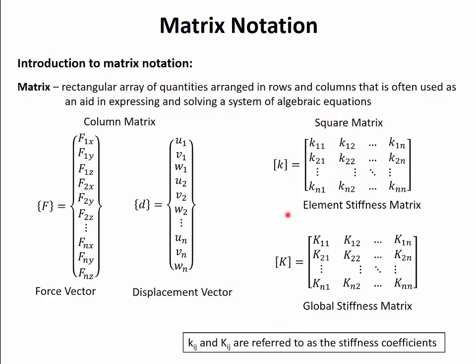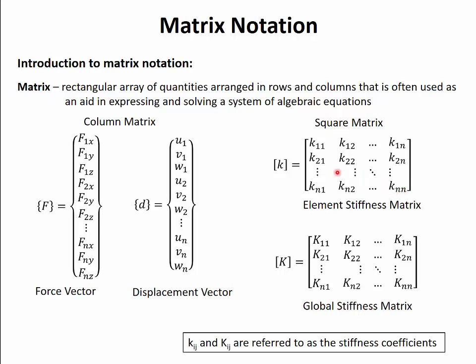If I said it's K32, you know it'd be in the third row, second column, because the first number is the row, the second number is the column. And typically the way you write this is not NN, it's NM.